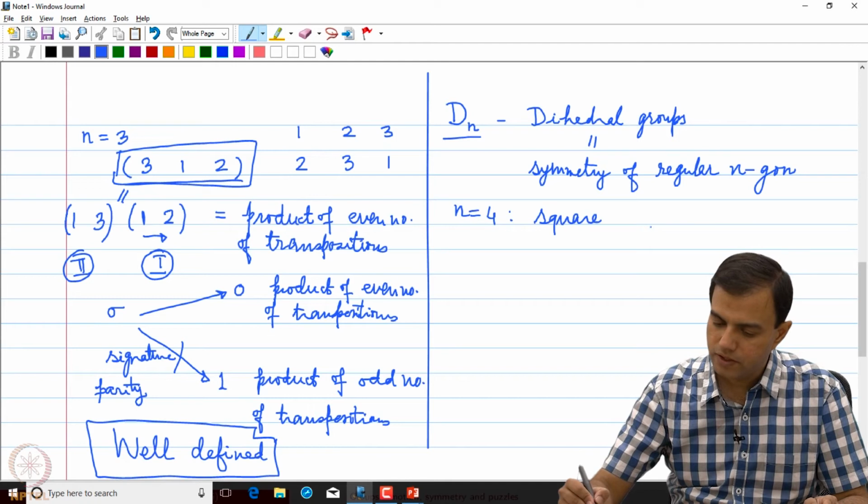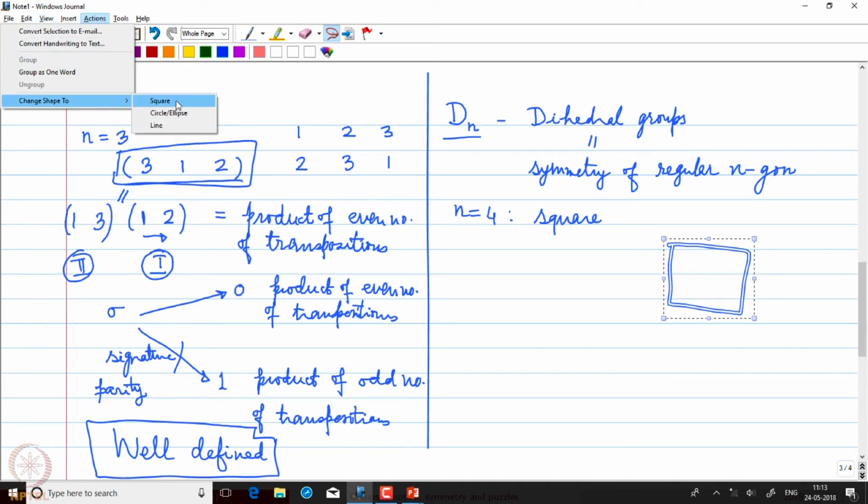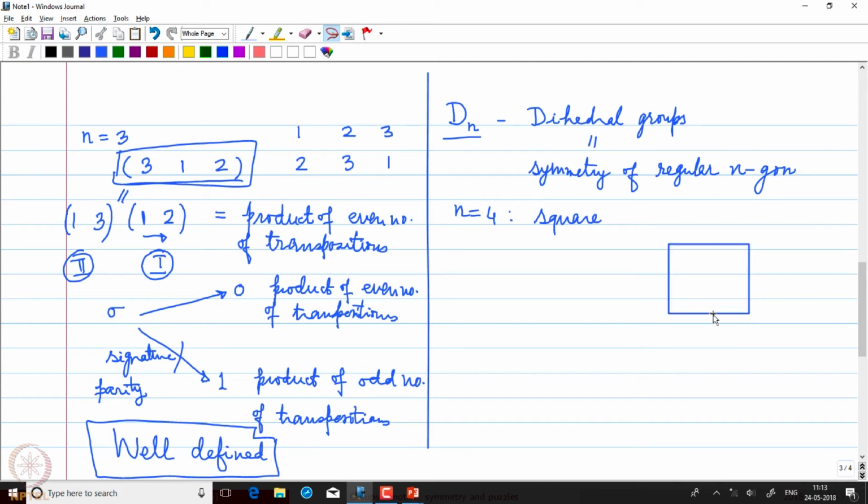So I simply take square, and I just have some notation, say 1, 2, 3, 4.